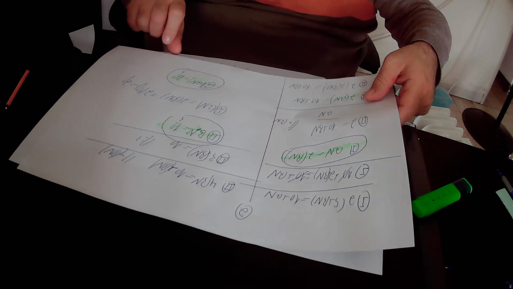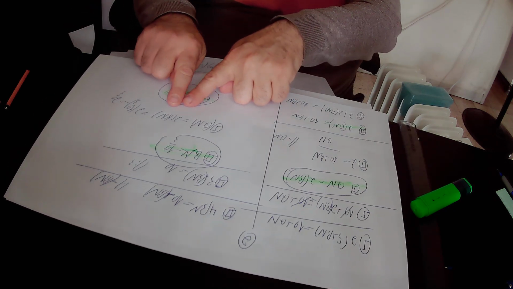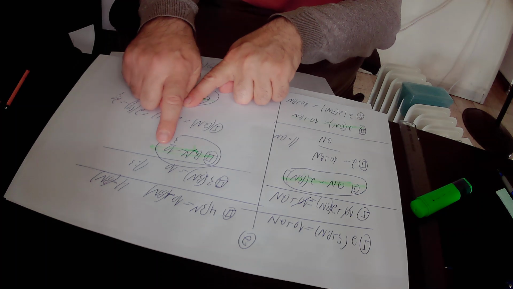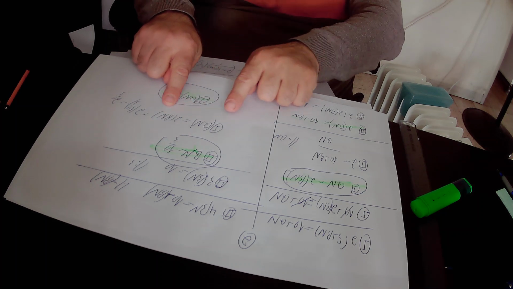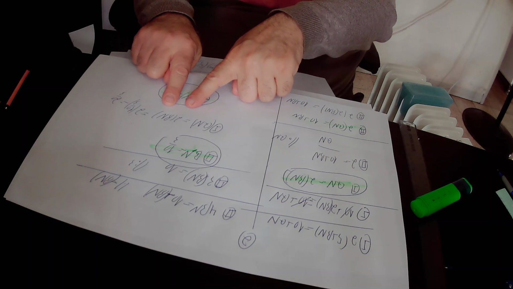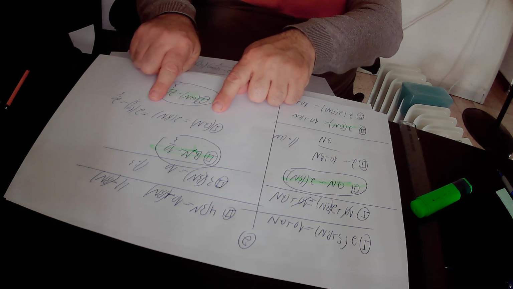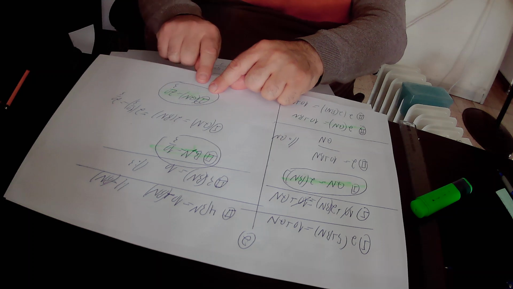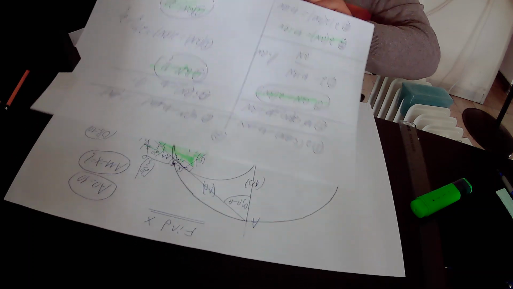According to equation number 1, QN equals 2 times BN, and BN is 10 over 3. So QN equals 2 times 10 over 3, which is 20 over 3.